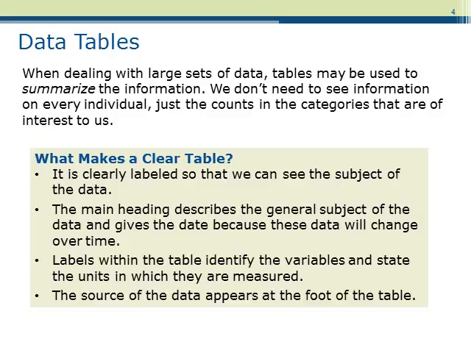First, it needs to be clearly labeled so that we can see the subject of the data. The main heading describes the general subject of the data and also gives the date because these data will change over time. Labels must be used within the table to identify the variables and state the units in which they are measured. Finally, the source of the data needs to appear at the foot of the table.